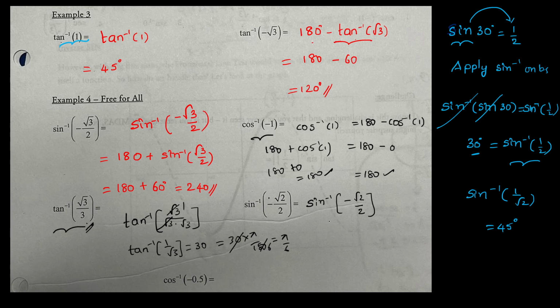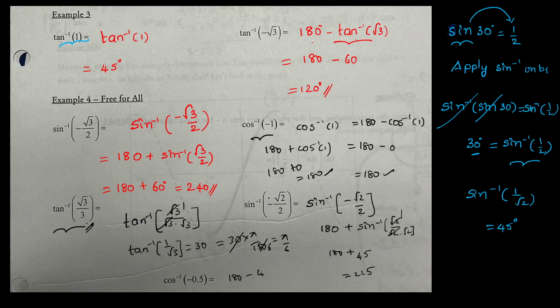So I will take the value as 180 plus sine inverse of root 2 by 2. 2 I can write as root 2 into root 2, right? So root 2 and root 2 cancel. So 180 plus 1 by root 2. Sine inverse of 1 by root 2 is 45. So the answer is 225.